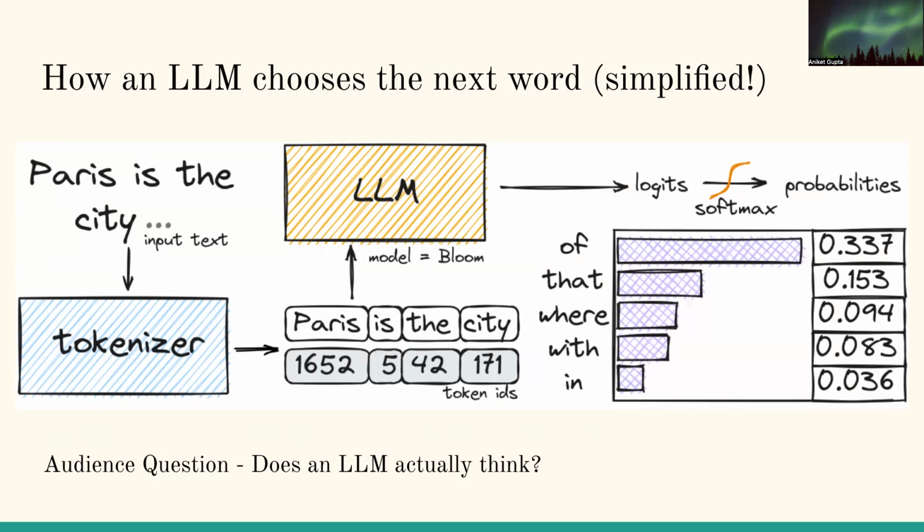Based on these token IDs, it can say that the next token ID that corresponds to "of" has a probability of 33.7%. Then after that, another might be 15%, then 0.09%, and so on. So essentially, based on a stream of input text and those tokens, you are computing the probability of the next word from an entire list of possible words, and it chooses the most likely next word.